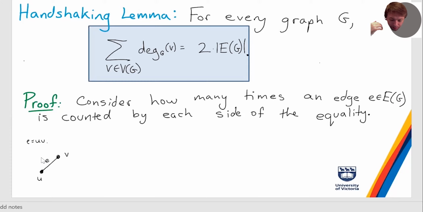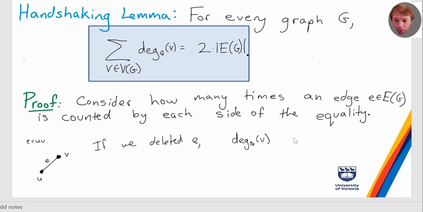So you can think about how much this edge e contributes to both sides of this equality, right? What I mean by this is, if I deleted e, how much would each side of this equality go down? If I deleted e, the degree of v would go down by 1, so it would become the degree minus 1, right?